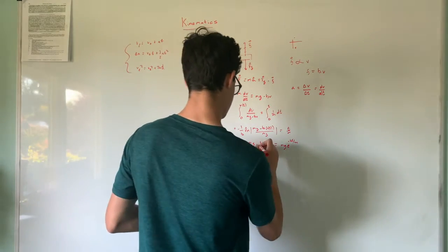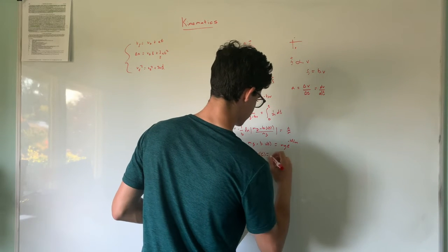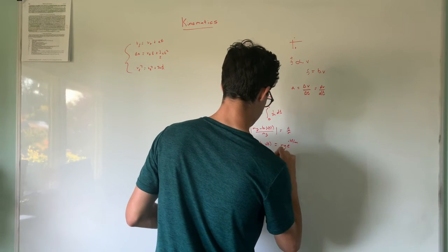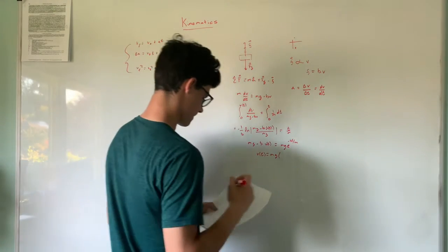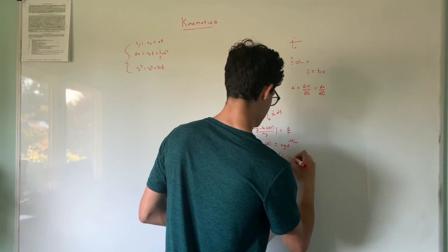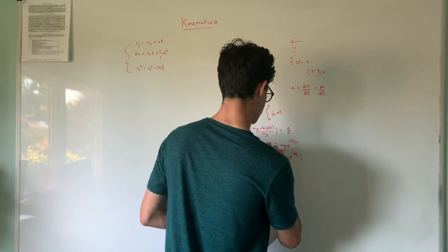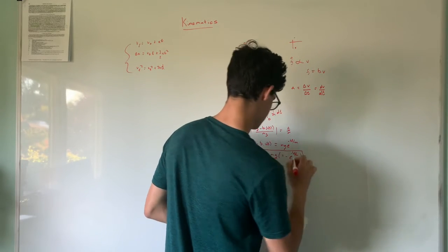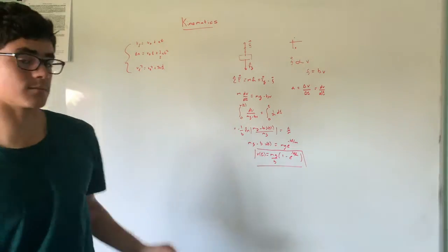And from here, we'll simply have v of t is equal to mg over b, factoring out that mg, because you have to divide the b over to the other side, times 1 minus e to the negative bt over m. And that is our velocity in terms of time.